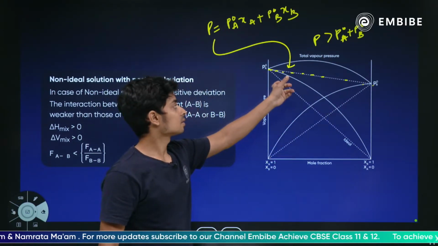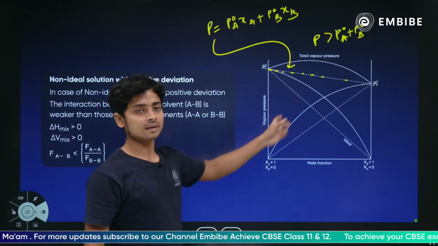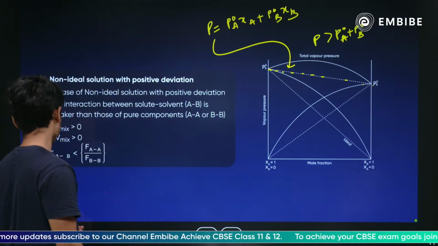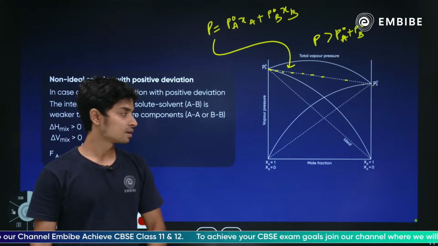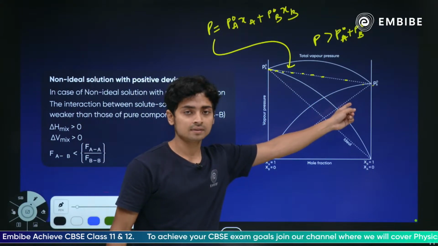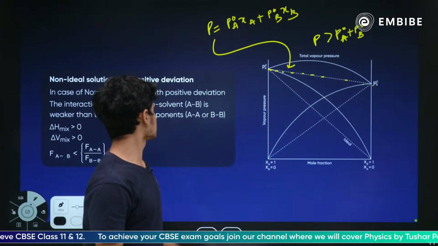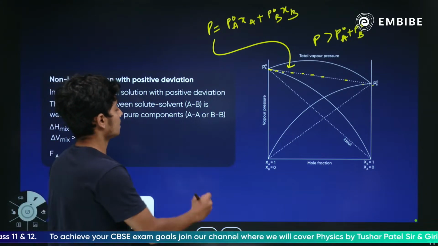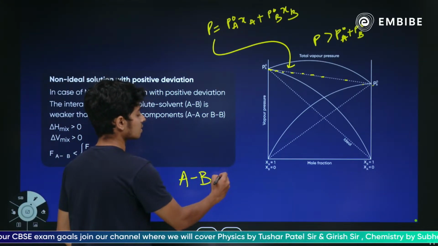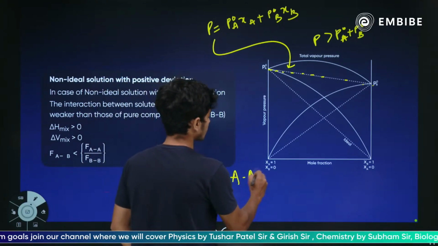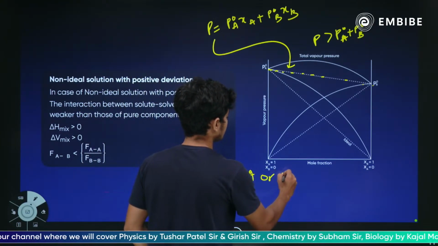But to follow this, it has to also follow two conditions: delta H mix is 0 and delta V mix is also 0. Then only you will get this line, but you won't get this line because here the A-B interactions are weaker than A-A or B-B.